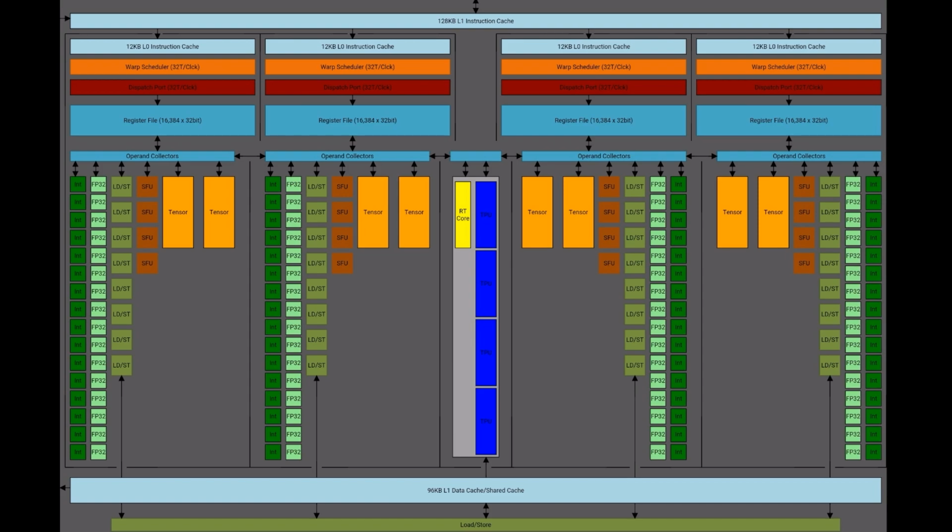But yeah, integer units still play a role in this. And to understand SIMD, single instruction, multiple data, you have to understand that these things must be run in tandem.